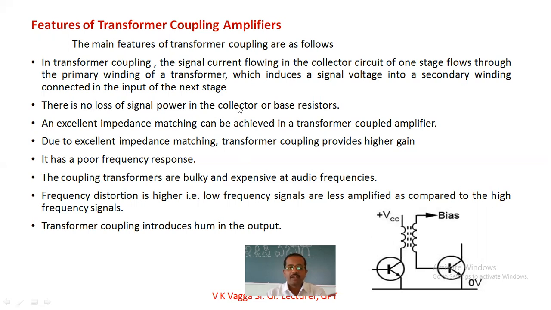It has excellent impedance matching and higher gain, its frequency response is poor, and it is bulky and expensive. The frequency distortion is higher at low frequencies, and the transformer coupling introduces a hump in the output. All these are the features of the transformer coupling.